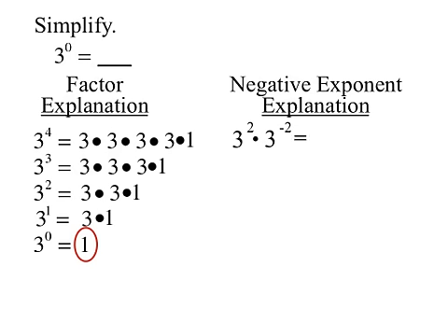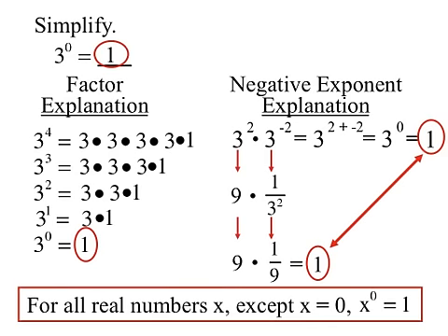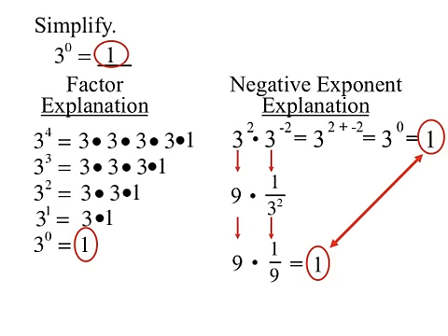I can use my rule of subtraction. I can use my fraction, multiply it out. But regardless of what you do, actually let's go back. I want to show you one third way.